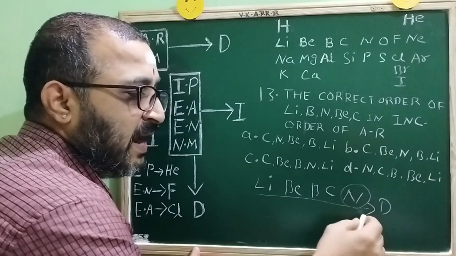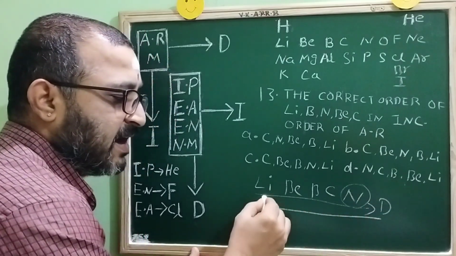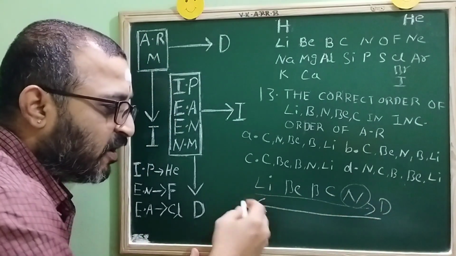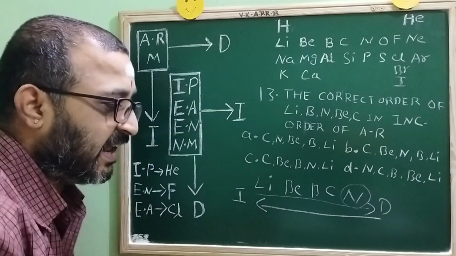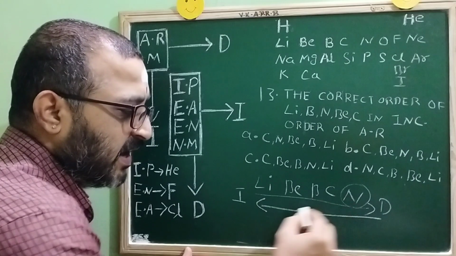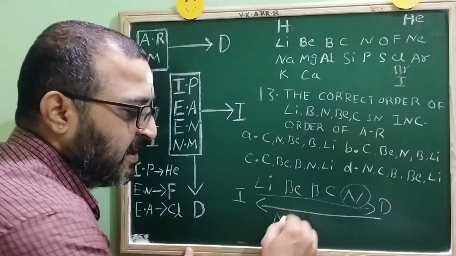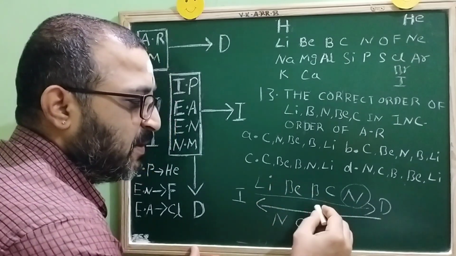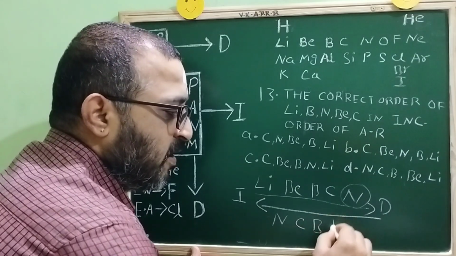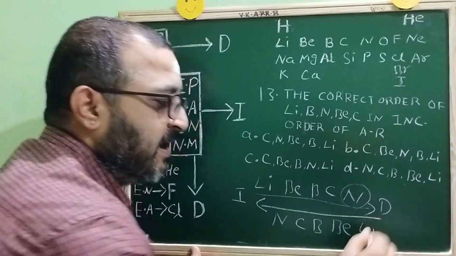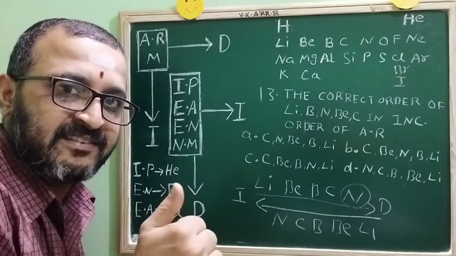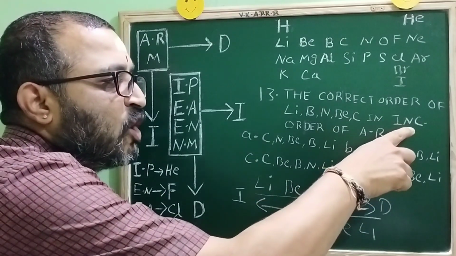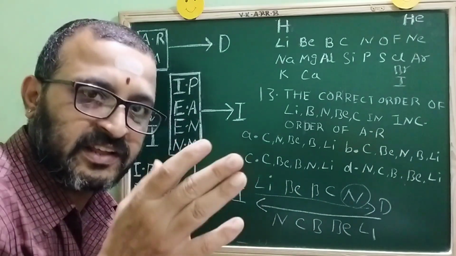So, if it decreases in this order, then the atomic radius is going to increase in the reverse order: nitrogen, carbon, boron, beryllium and lithium. So, this is the correct answer in which the atomic radius is in increasing order.